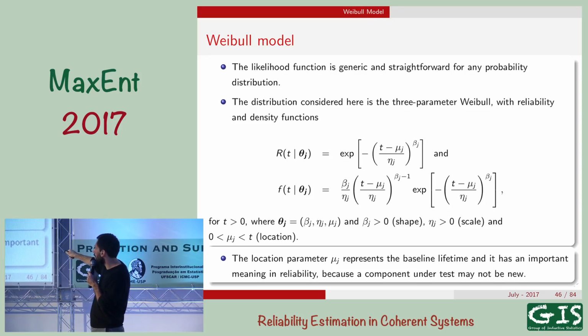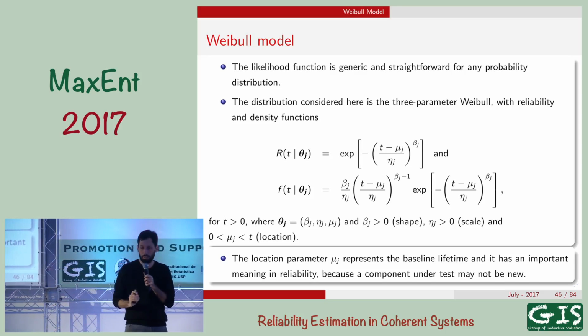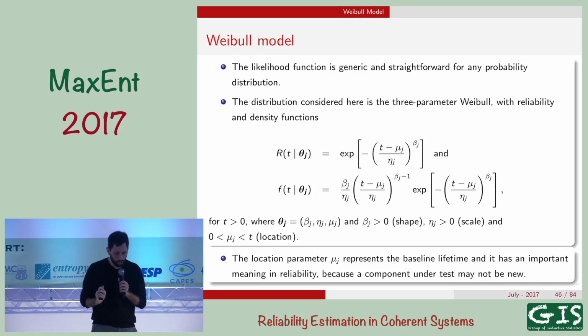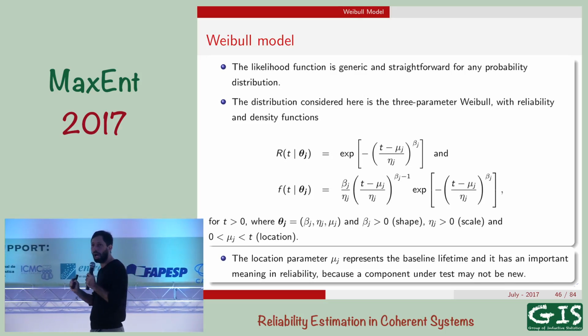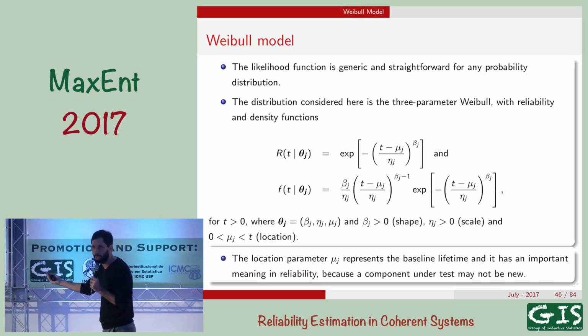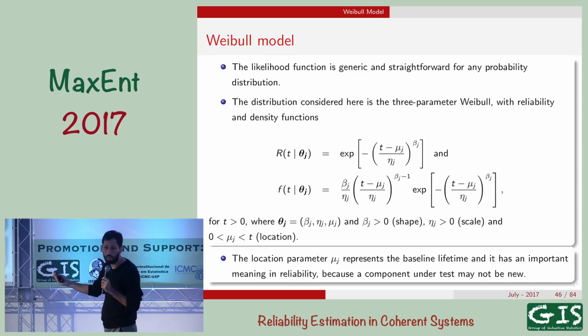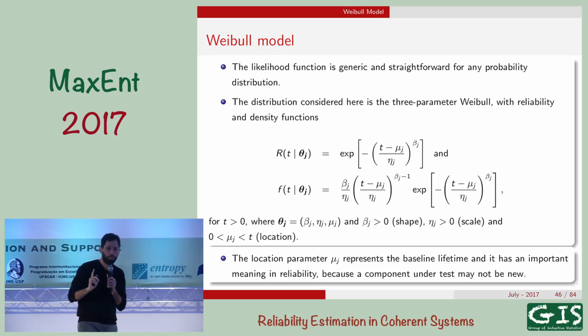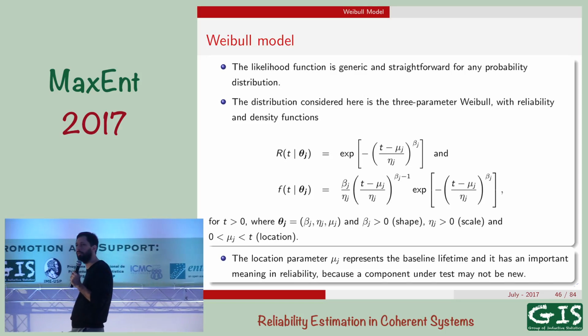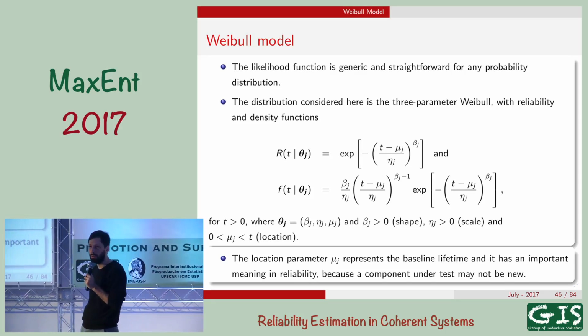This location parameter is important, and this is a great point of this model, because I told you, how can I have a time of minus 1? And I will ask you, how can you be sure that the system you bought is new?